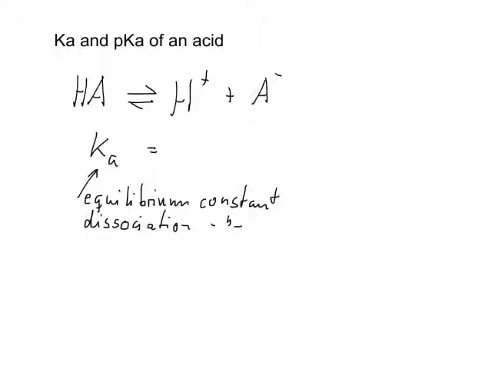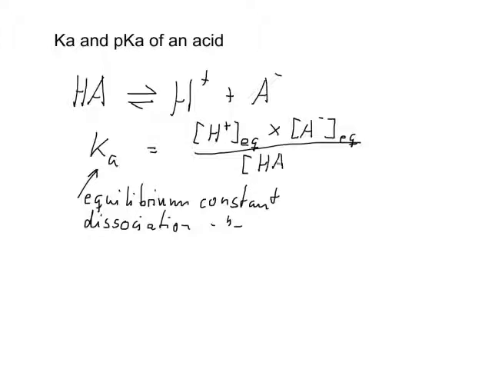And in the equilibrium, we would have the concentration of the protons, and sometimes we indicate that it is an equilibrium by putting this "eq" times the concentration of the base, also in equilibrium, divided by what is left of the acid, also in the equilibrium.